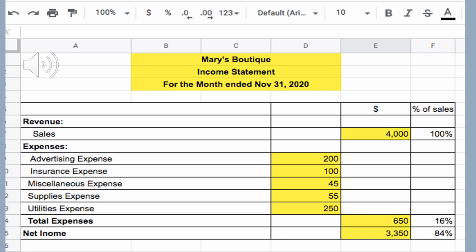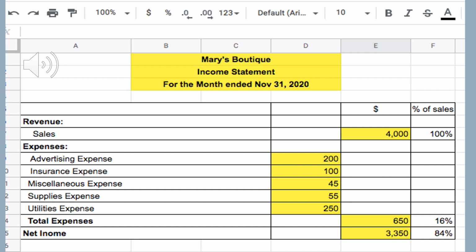That is not bad at all, because it then means that my 3,350 represented 84% of my sales as net income. And how I found that 84% in my calculator, I put $3,350 divided by 4,000, and then I times it by 100 to get 84%.